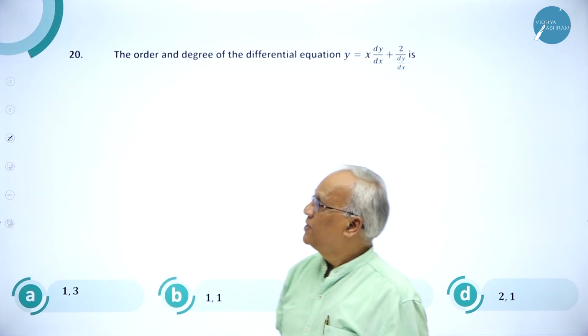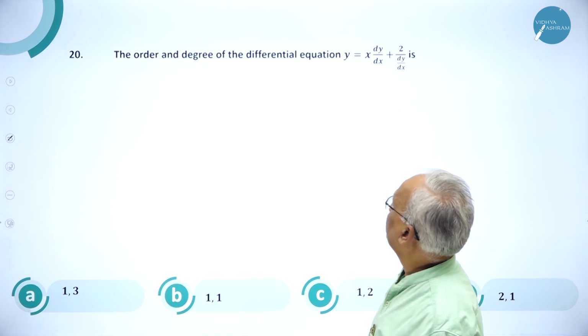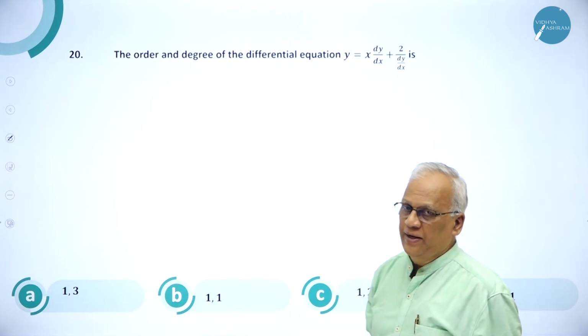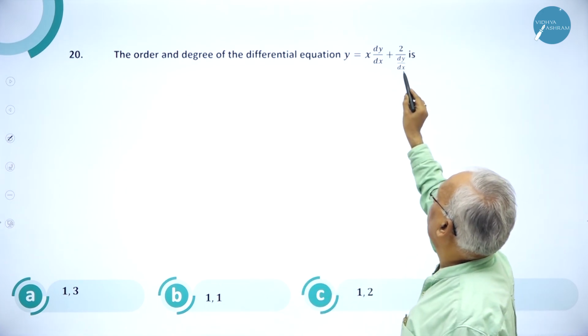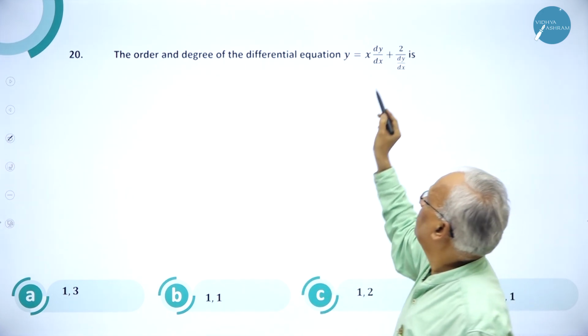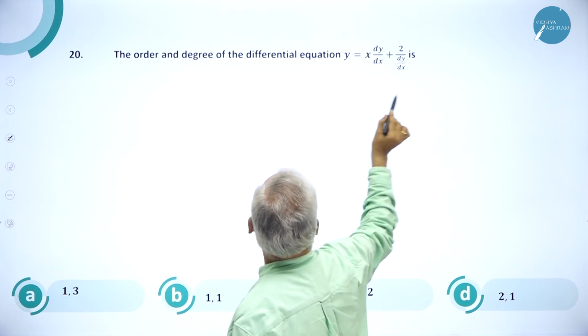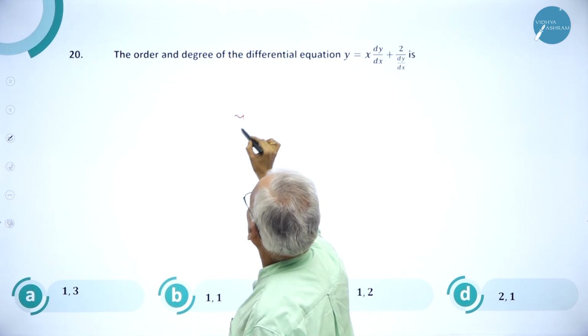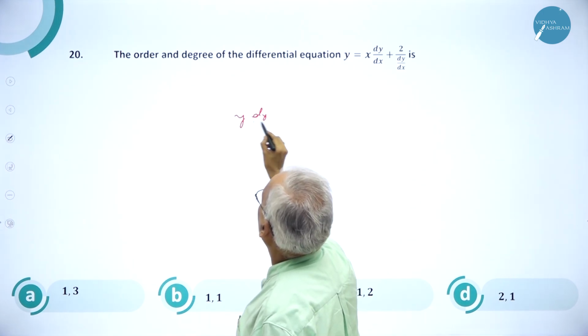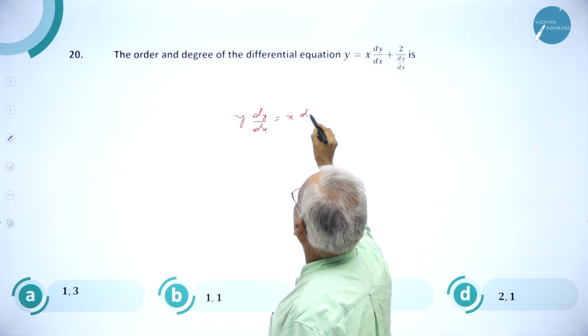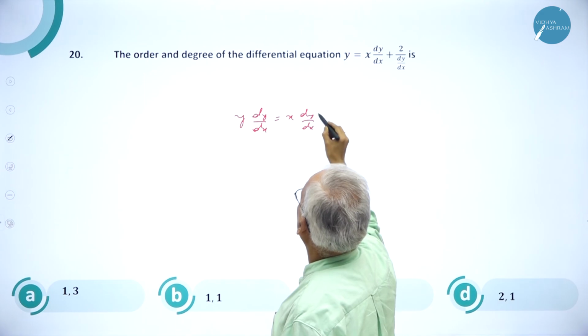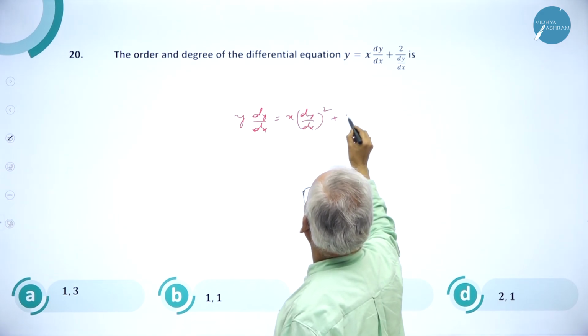Next one, the order and the degree of the differential equation. You may go wrong here. Order is 1 and degree is 1, you may write. But denominator is there, dy by dx. So bring it to standard form by multiplying throughout by dy by dx. Y into dy by dx is equal to x into dy by dx whole squared plus 2.